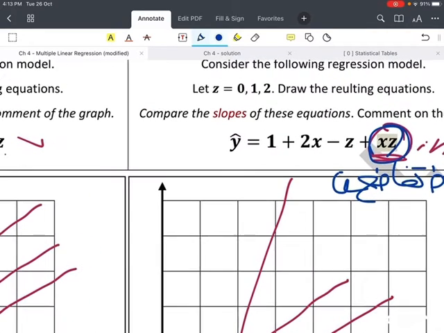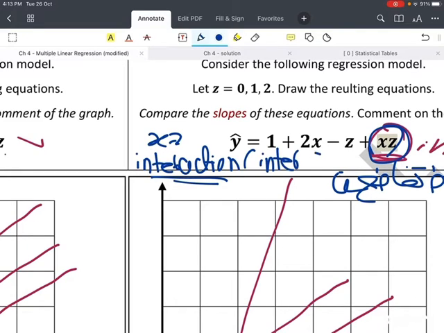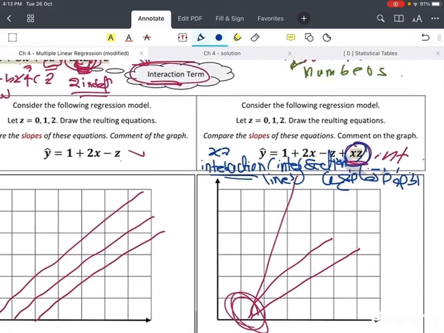So when you have interaction, you have interaction لا هو الX with Z. So you will have intersection lines. That means when you have an interaction term, you will see here the lines are intersecting. يتقاطعون.